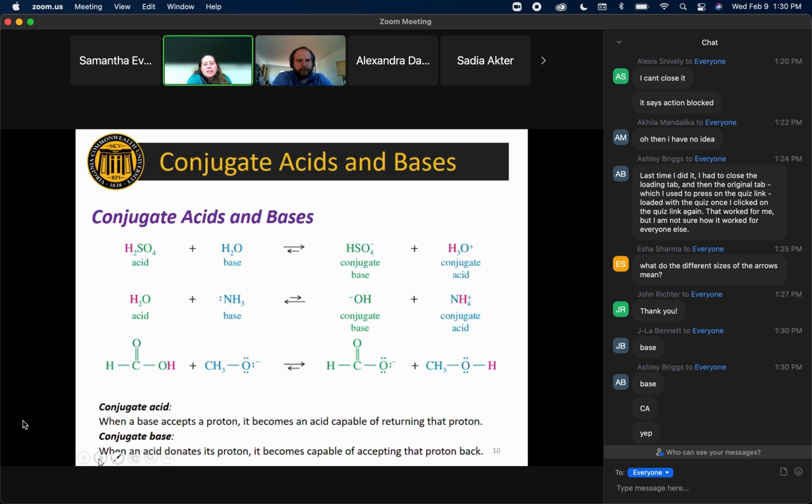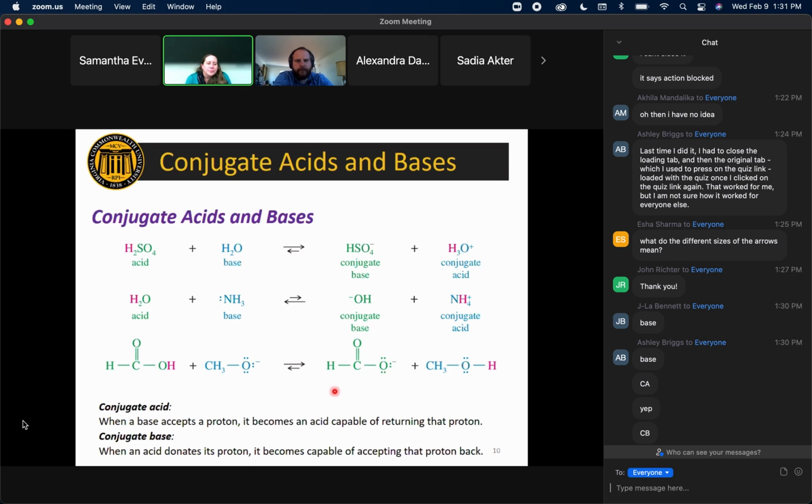Let's do it a different way. What would you call this green molecule here just to the right of the arrows? Think about what's the acid in this situation, what's the base, and then think about what that green thing is called.